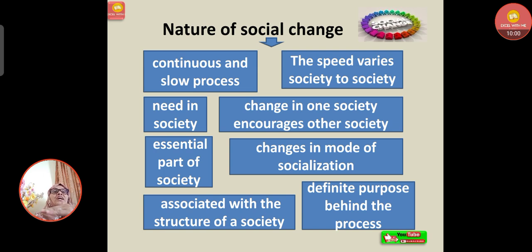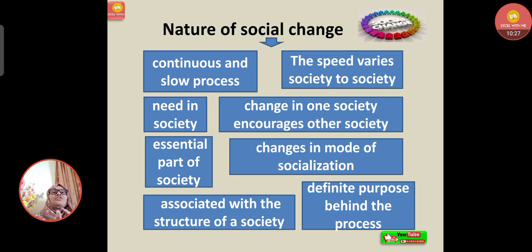Social change can be associated with either the whole structure of a society or part of the structure. The speed of social change varies from society to society or in different periods of time in a society. Change in one society encourages other societies. Change is a deviation from traditions, as some are retained while the undesirable ones are dropped.